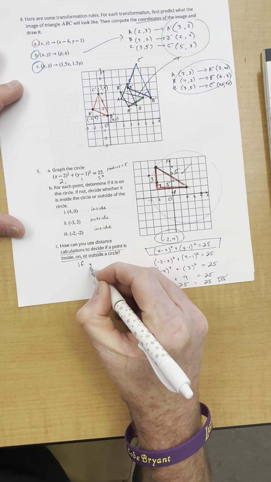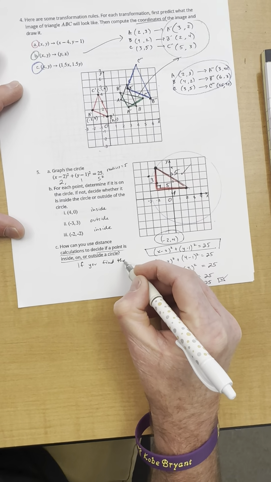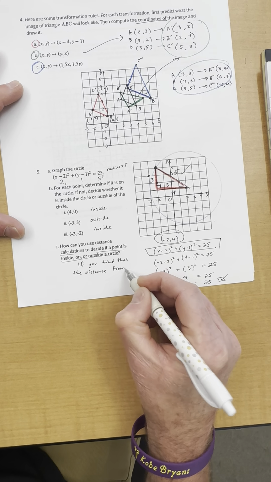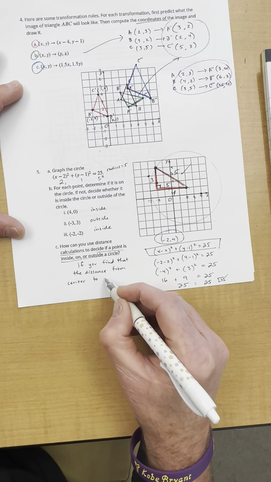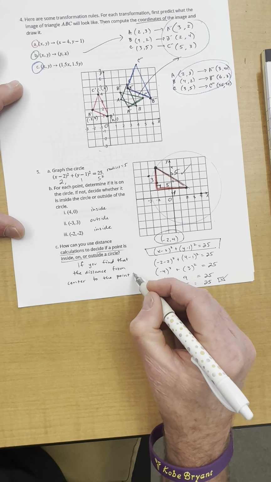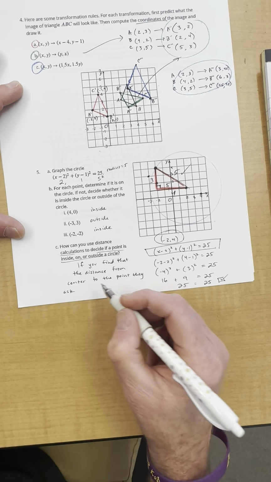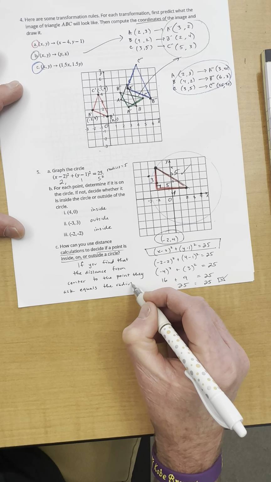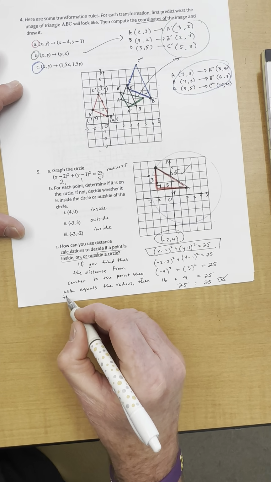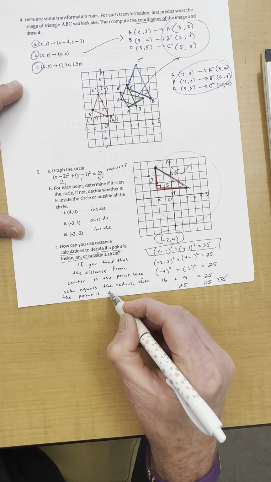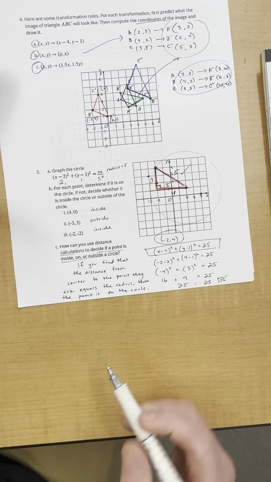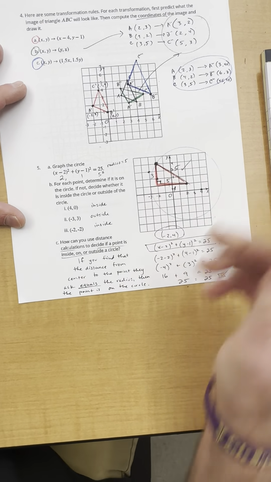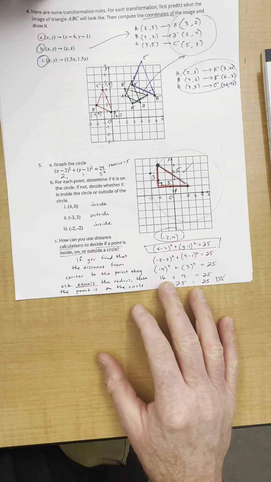Well, if you find that the distance from the center to the point they ask equals the radius, then the point is on the circle. Kind of like that example. All right. Okay, next question.